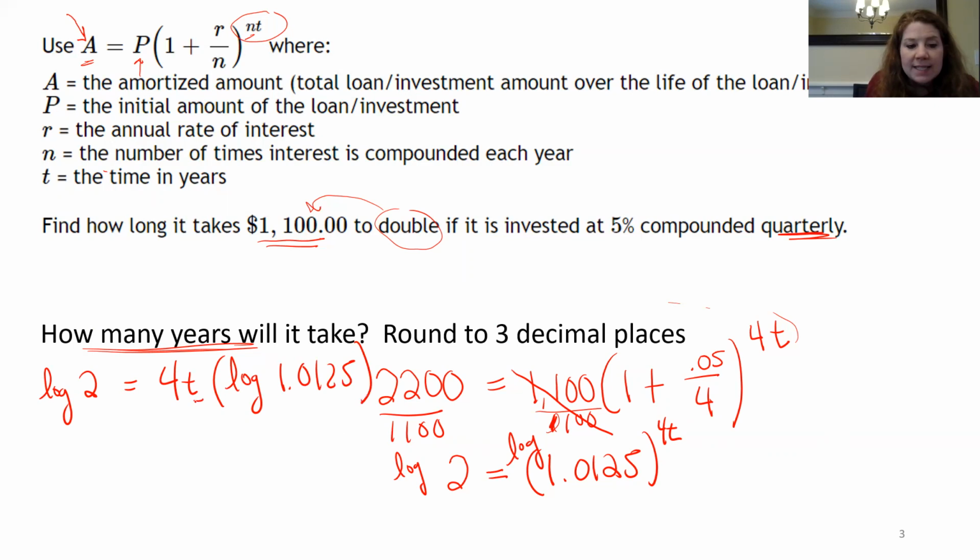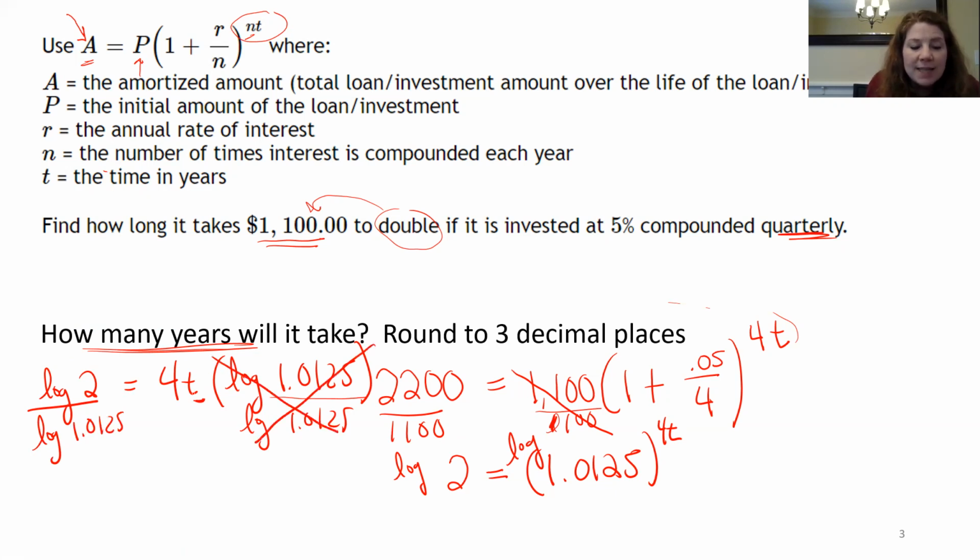Now I want t by itself, right? So what can I get rid of? The first thing I can do is divide by the log of 1.0125, both sides. So that would eliminate this.